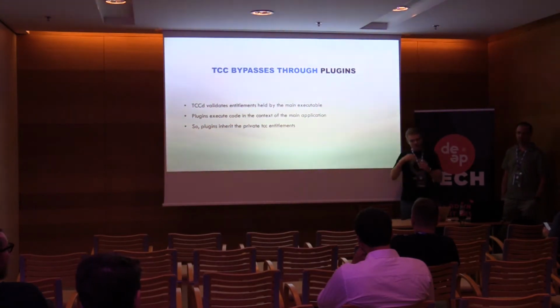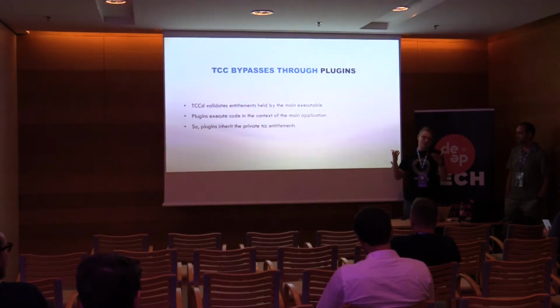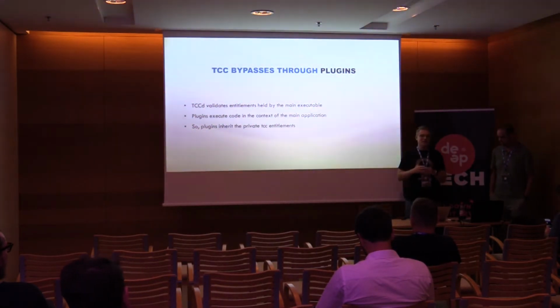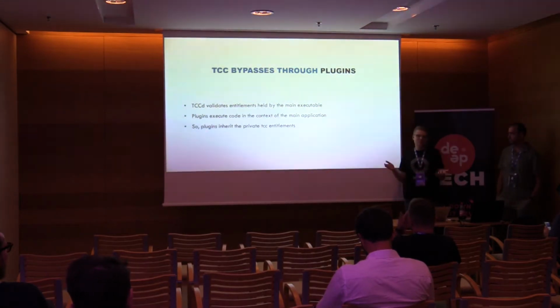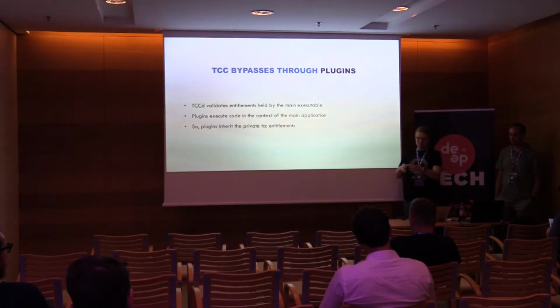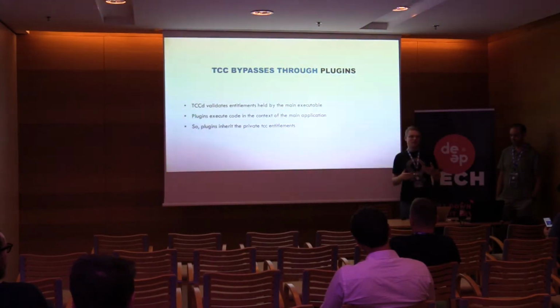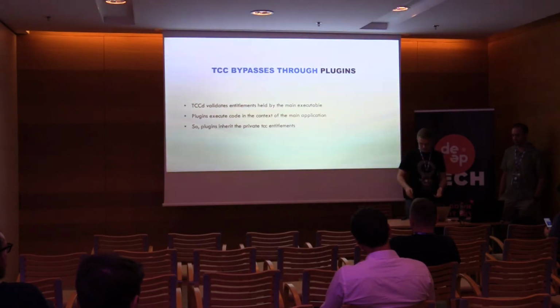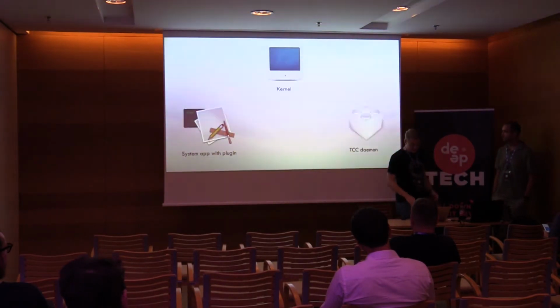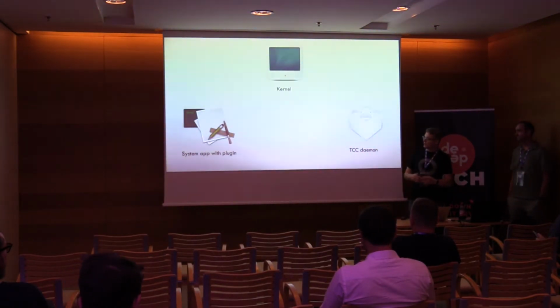So if you have a plugin that will be somehow able to execute code inside of the main executable context, the TCC will say it's okay because the code signing requirement is met, because it's still the very same static file with the very same main executable. So the plugin in the end will inherit the TCC permissions. But let's see on this following slide how it will work.